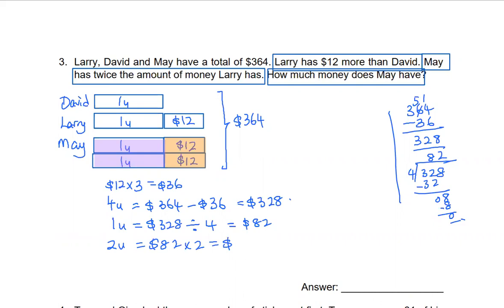That will give me 164. Not only these 2 units, 164, she still has another $12 plus $12. That will give me a total of $188.